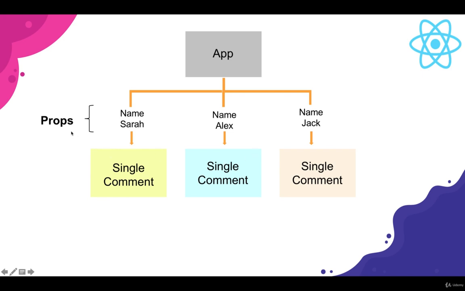So the prop system in React is a system for passing data from a parent component to a child, or a nested component. The entire goal of the prop system is to somehow communicate data from the parent down to a child with the ultimate goal of customizing the child and making sure that the content that it displays on the screen is different when the user interacts with it.